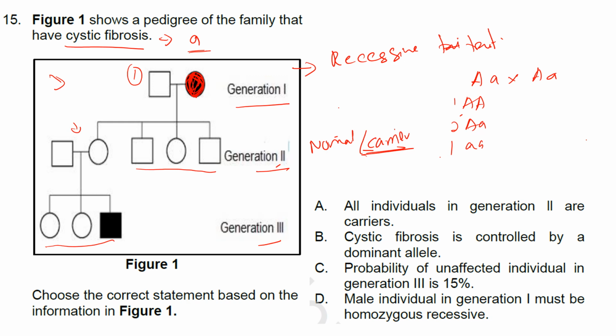So the answer: choose the correct statement based on the information given in figure 1. The answer would be A. All individuals in the second generation are carriers for the recessive allele.